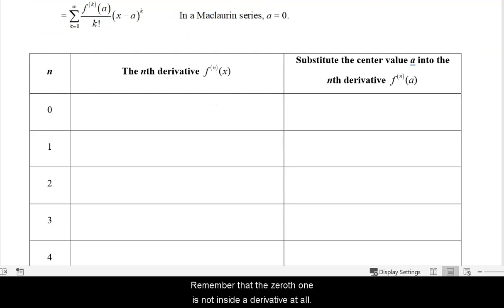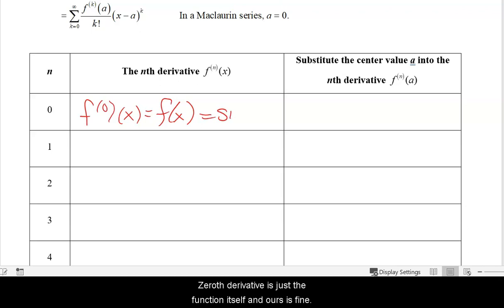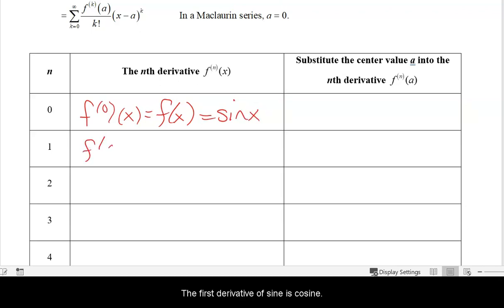Remember that the 0th one is not, in fact, a derivative at all. The 0th derivative is just the function itself, and ours is sine. The first derivative of sine is cosine.